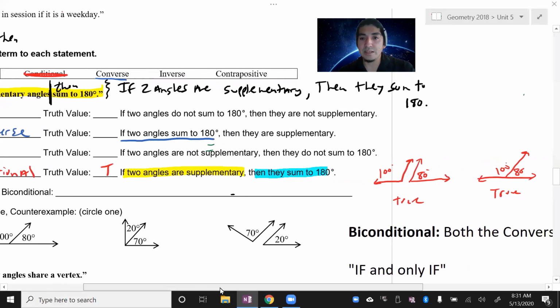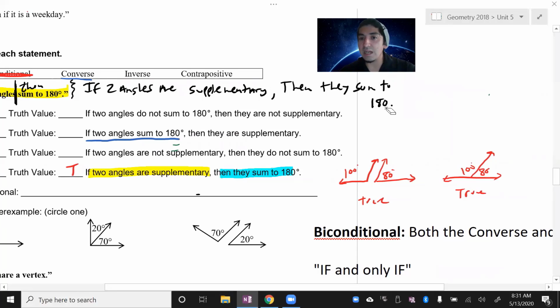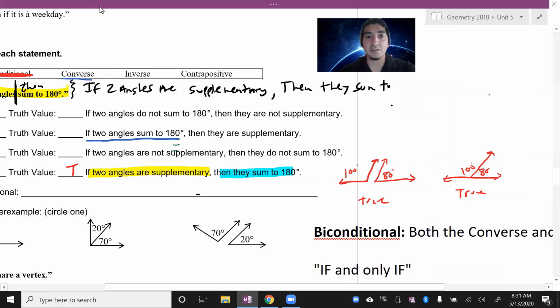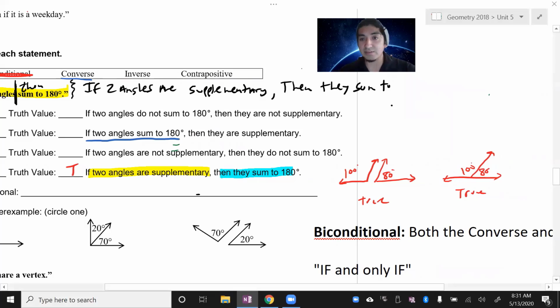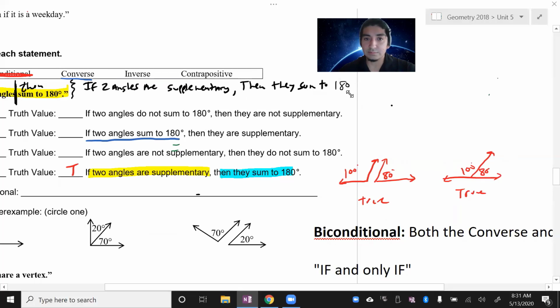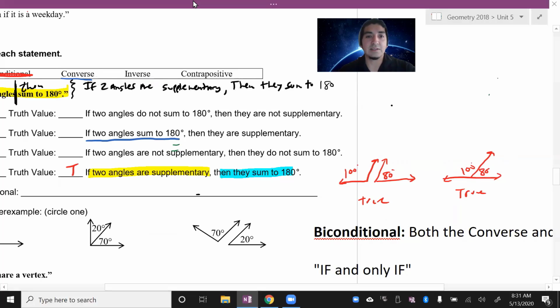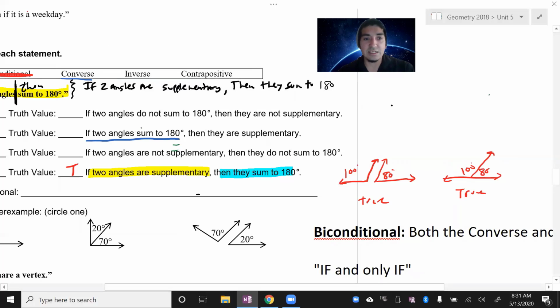Okay, so in this one, I'm going to draw whatever I got. So sum to 180. Just a minute. Let me just move this one. Okay, I got a little more space. Okay, so sum to 180, then they're supplementary. So I'm going to draw examples where they add up to 180.